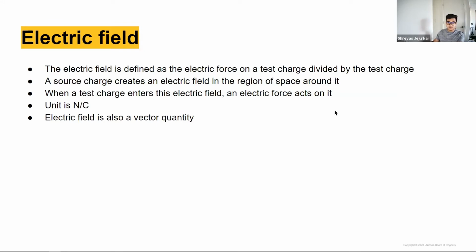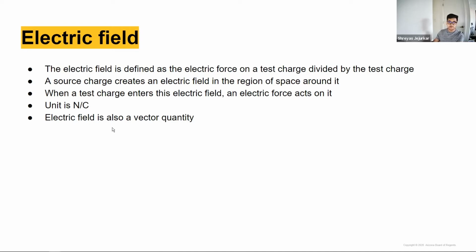When a test charge enters this electric field, an electric force acts on it. It essentially interacts with the electric field, and due to the other point charge that is creating the field, an electric force will act on the test particle. The unit of electric field is newtons per coulomb, so it's force per charge, basically.